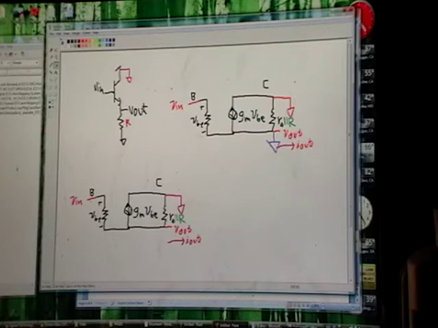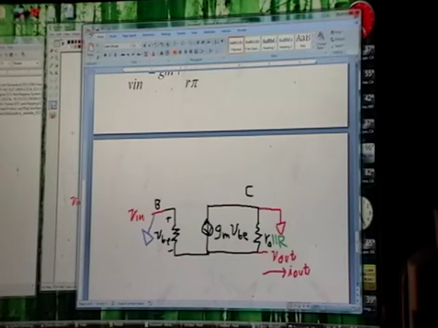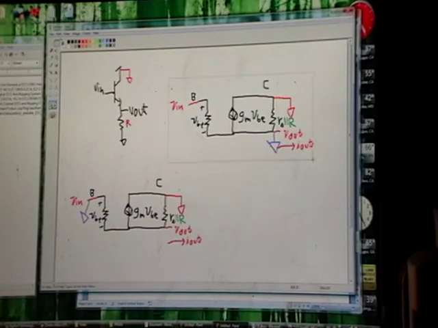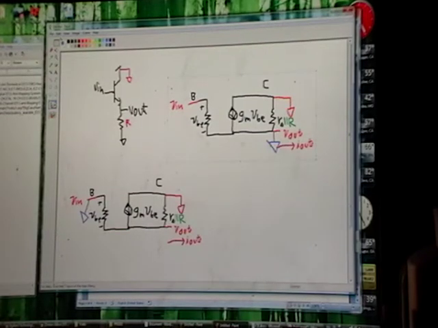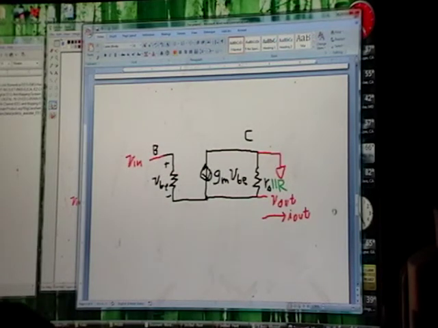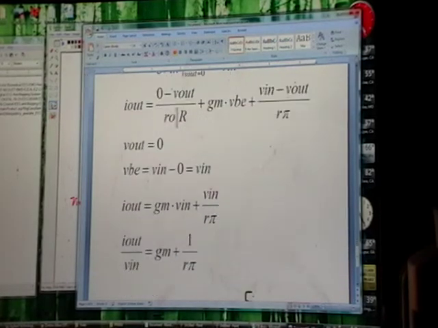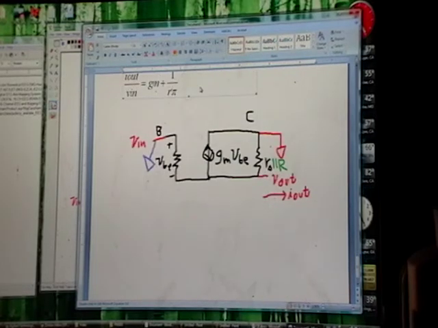The two-port rule for R out is that you set V in equal to 0 and do your math. So let's do that now. Let's put this one for your GM. That's for GM. I can make that a little bit smaller now that we're done with it.